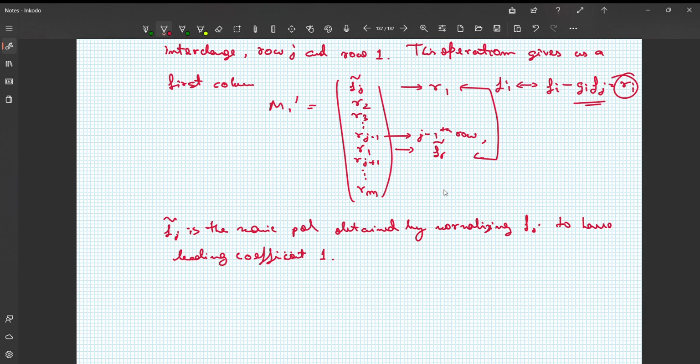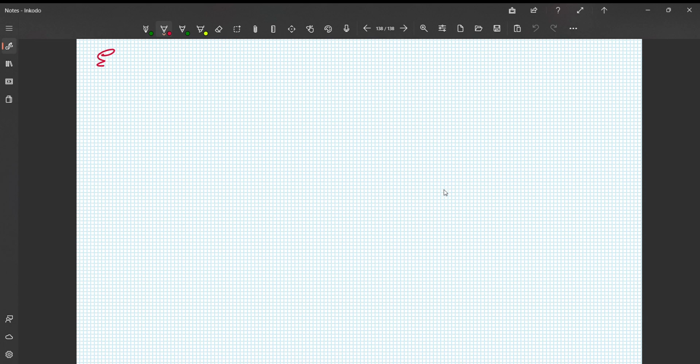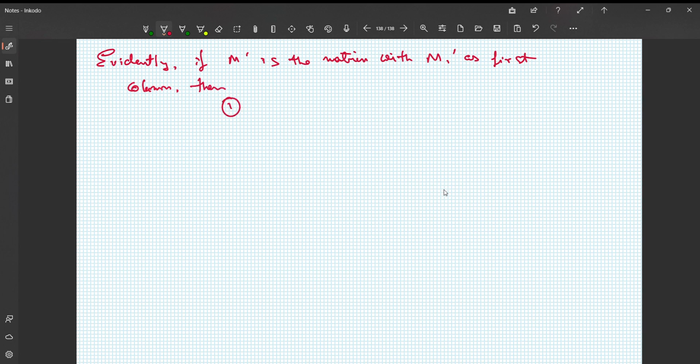Now what can we say about a matrix which has m1 dash as the first column? So it is obviously row equivalent to M. Evidently, since we have only used row operations, right? Evidently, if M dash is the matrix with m1 dash as first column, then what are the observations we quickly have?